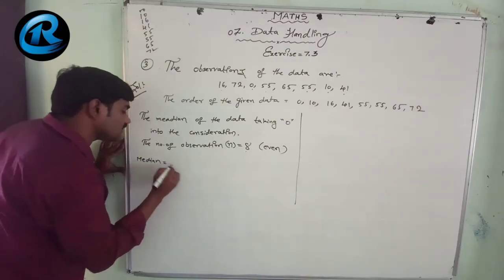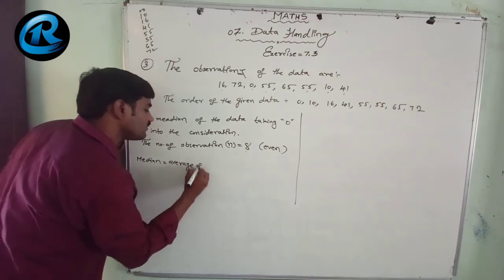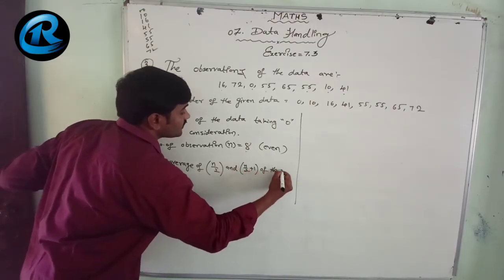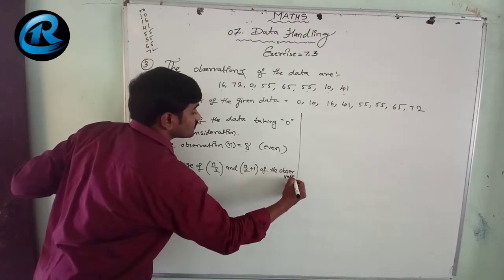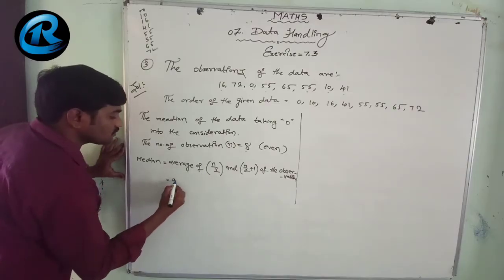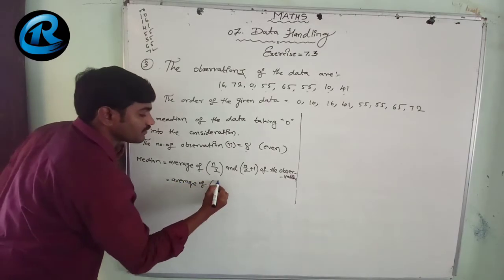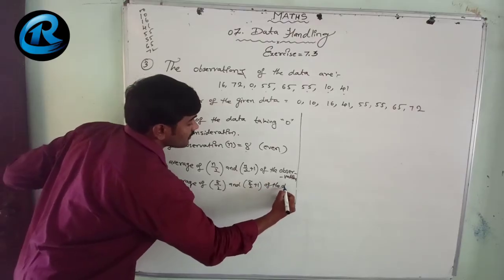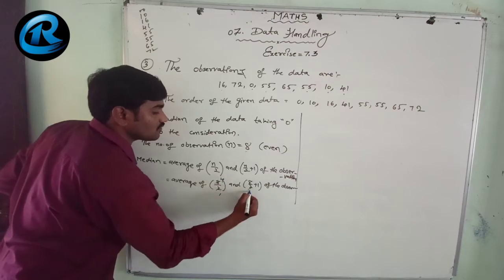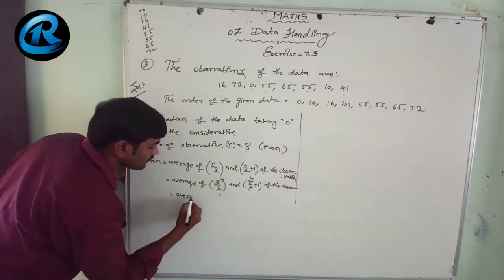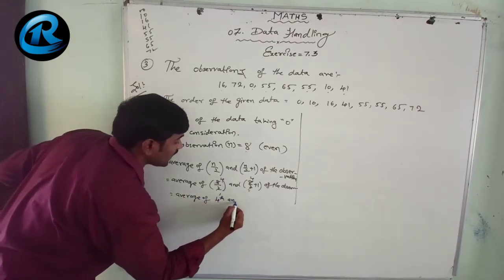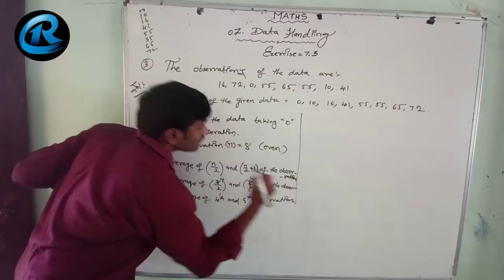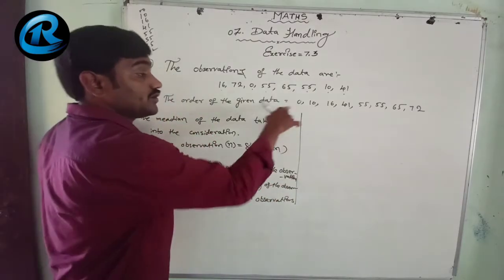The median equals the average of the n by 2 and n by 2 plus 1 observations. Here n equals 8, so the average of the 8 by 2 and 8 by 2 plus 1 observations. 2 fours are 8, so the average of the fourth and fifth observations.